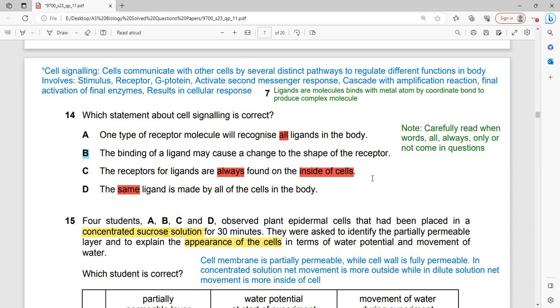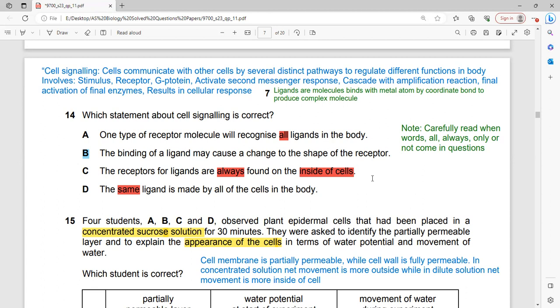It may be present on the surface or inside of the cell. Now, the same ligand is made by all the cells in the body. The different cells make different types of ligands, or the different components of the ligand may change in a different cell. So that's why the word same is wrong. And here also, all the cells is wrong.